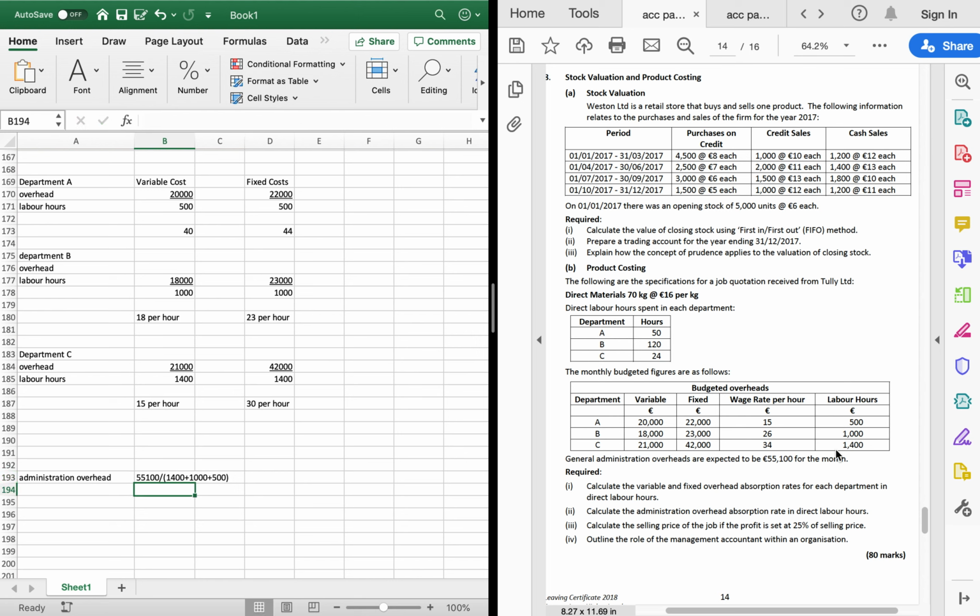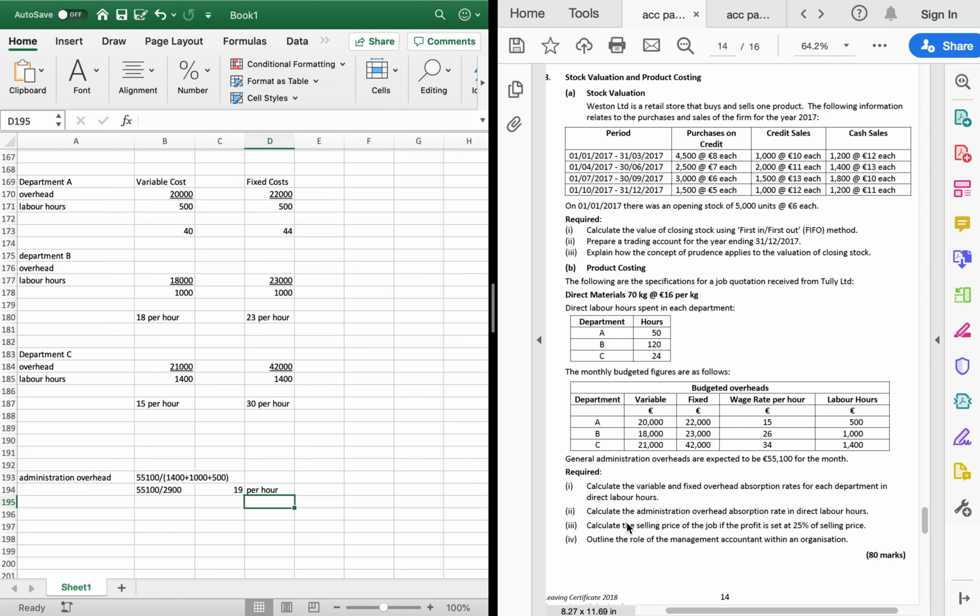So that's 55,100 divided by 2,900, which is 19 euros per hour. Okay, that's part 2 done.